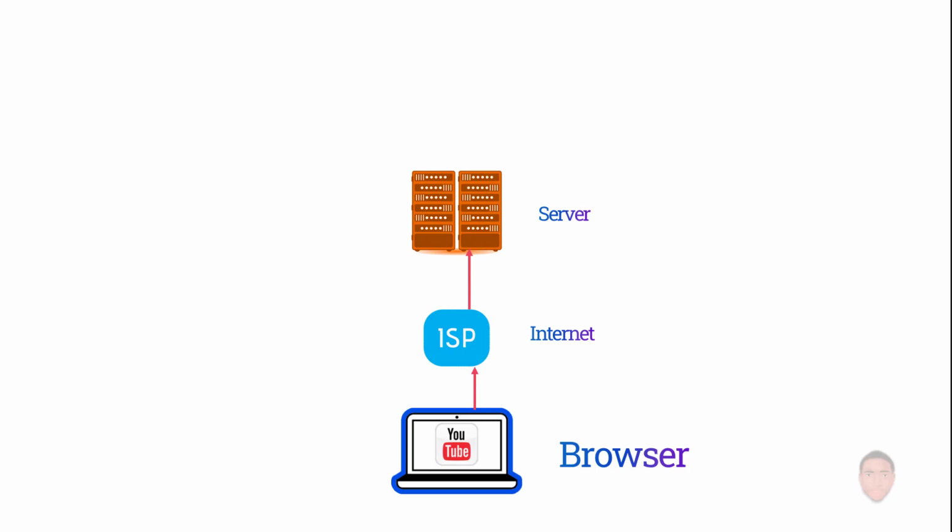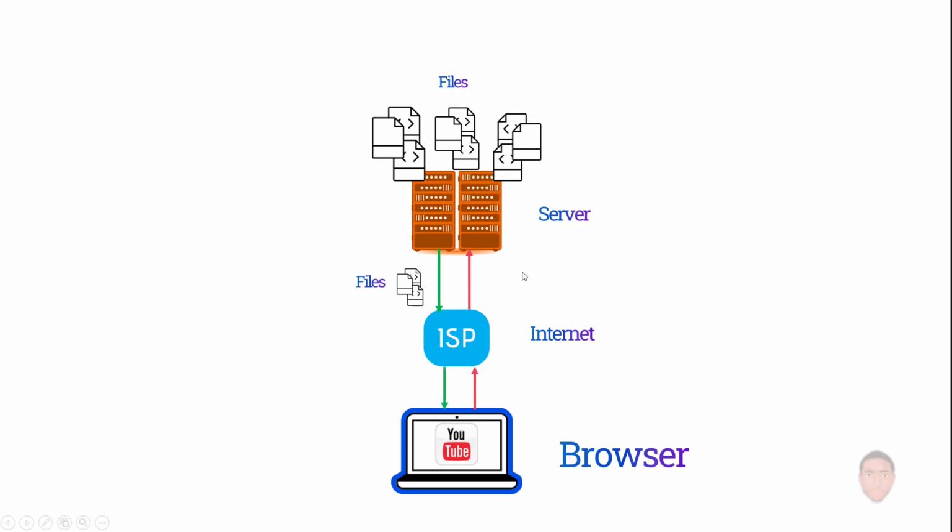Now the server is where you have all those web pages stored, all those files stored. Those files return through the internet into your device, your laptop or your mobile phone, and then your browser renders those files for you, and then you begin to see that website, begin to see the information they want you to see.